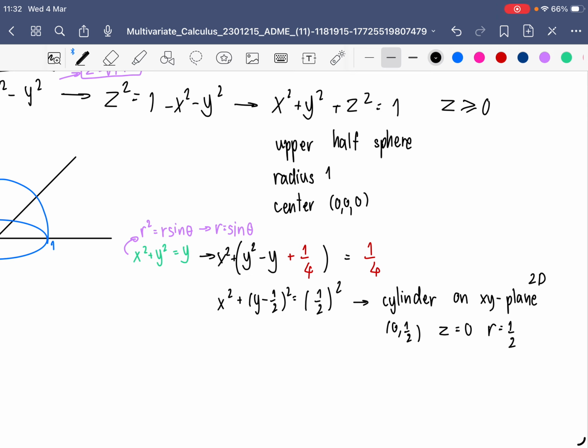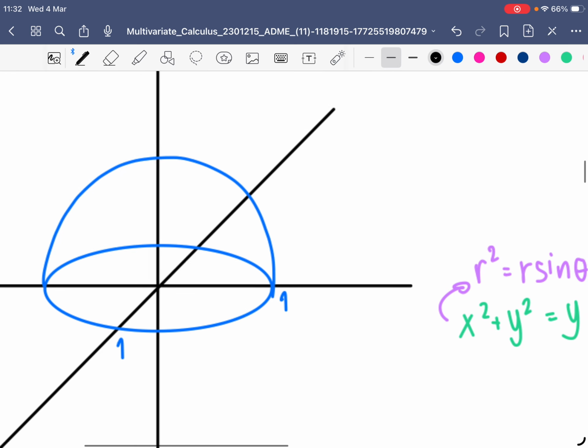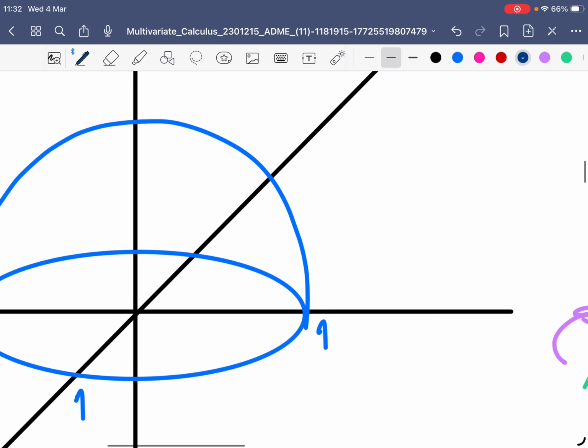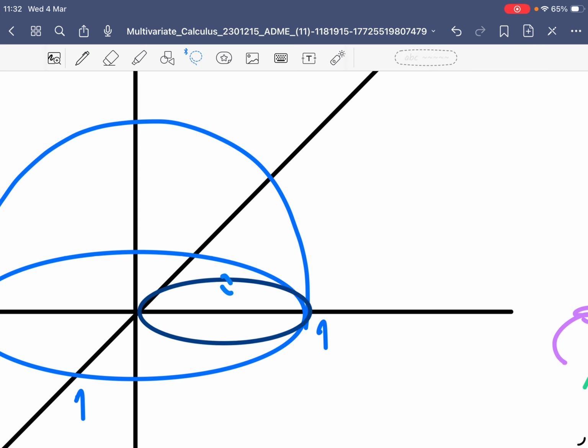You have a center of 0 and 1 over 2. This is the center of the projection of the cylinder. The circle has radius 1 over 2, so your circle is touching the boundary of the sphere. And another one is touching the z-axis because it's going left and right for 1 over 2 units.